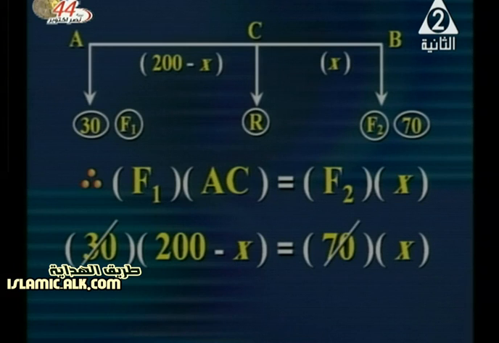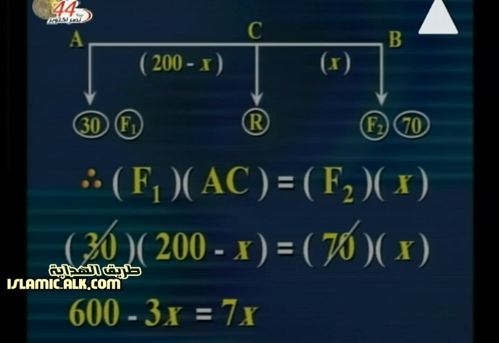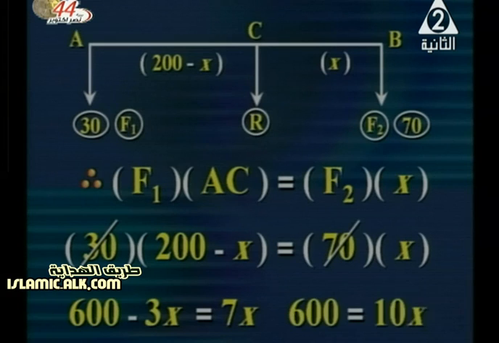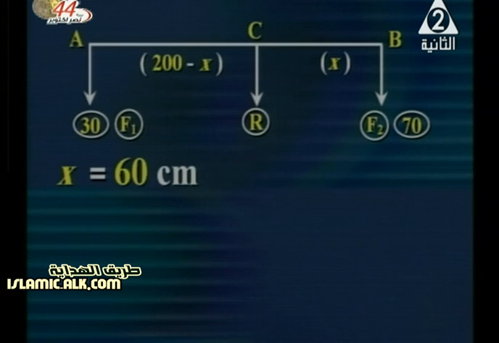Divided by 10, then 3 times 200, 600, minus 3x, equals 7x on the right hand side. Combining, 10x equals 600, therefore x equals 60 centimeter. Then R, its magnitude is 100 and acts at point C.